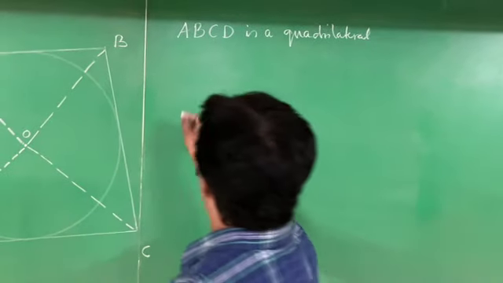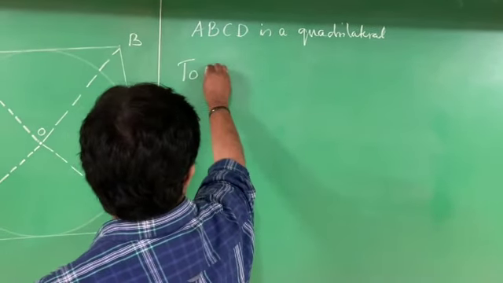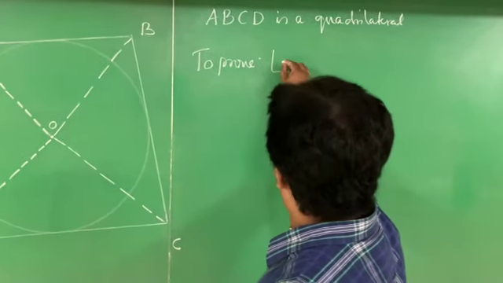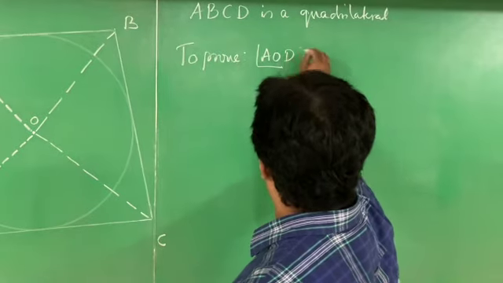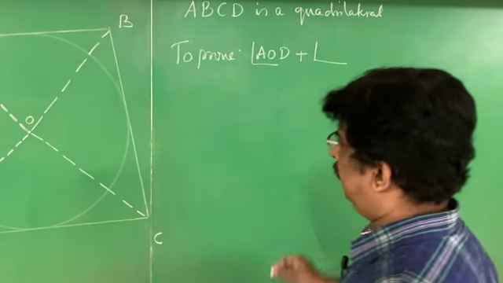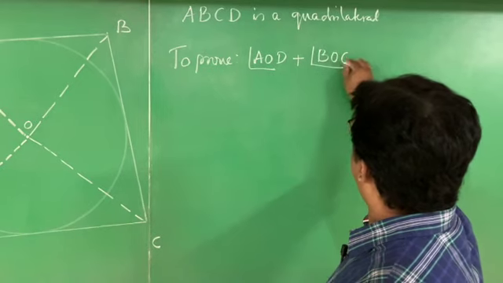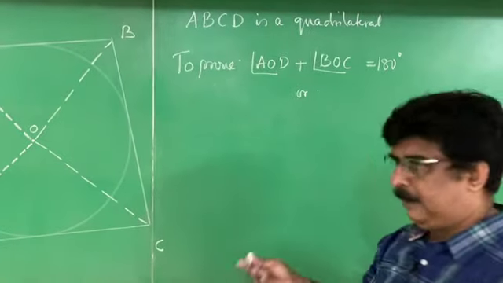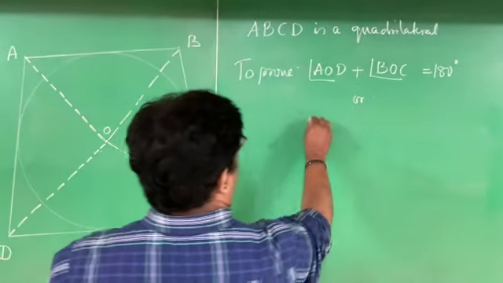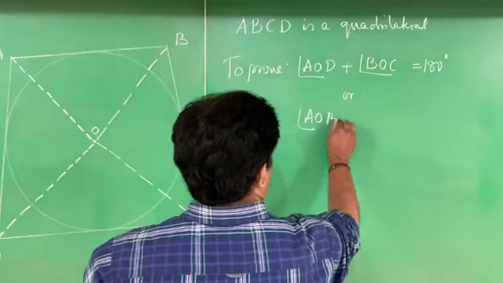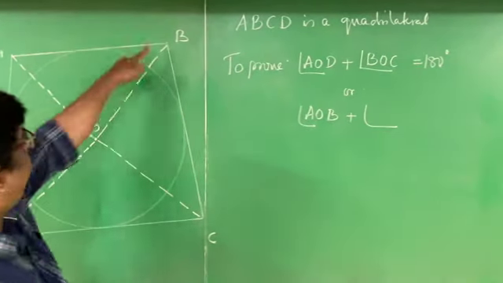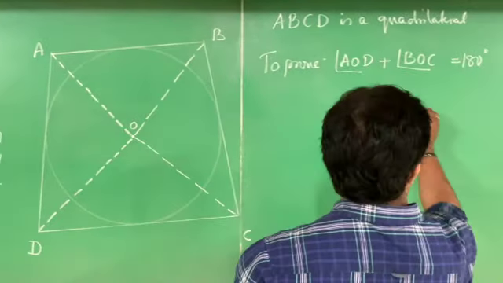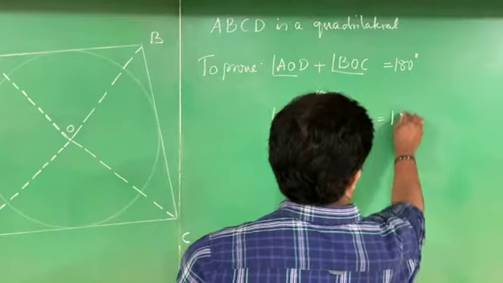To prove: angle AOD plus angle BOC is equal to 180, or I can prove another way: angle AOB plus angle COD equals 180.